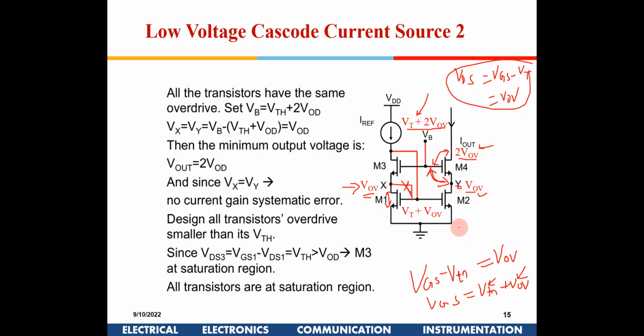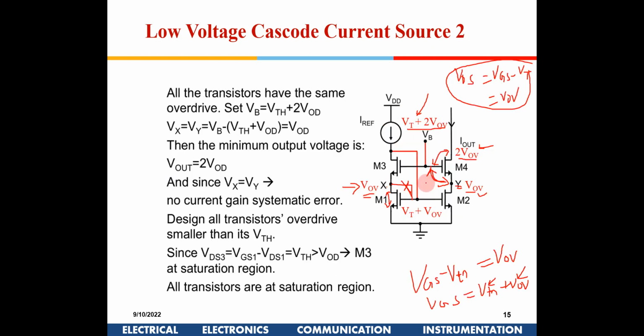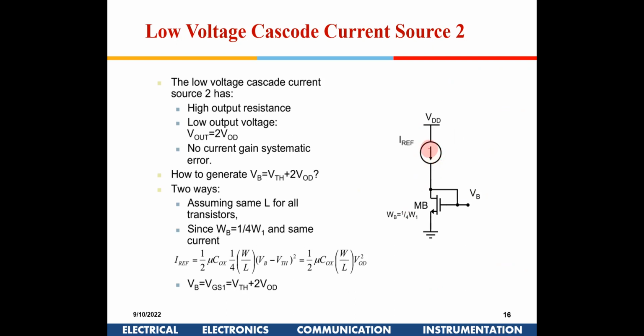Okay. Now let's assume that this bias voltage is available with us. Now how to generate that voltage? So I have I reference out here, and I am keeping this transistor at 1/4 of W in this particular case.